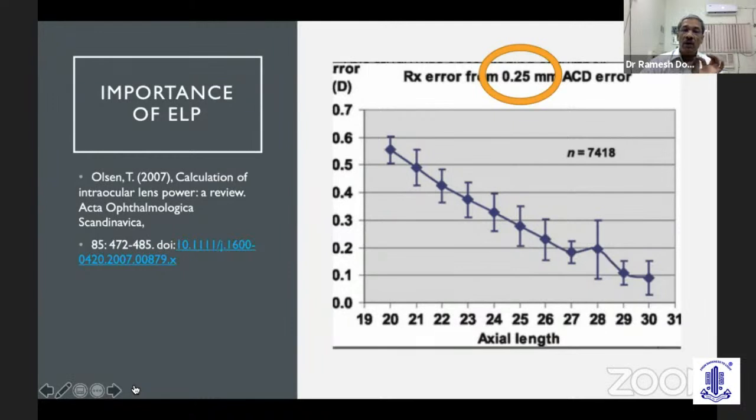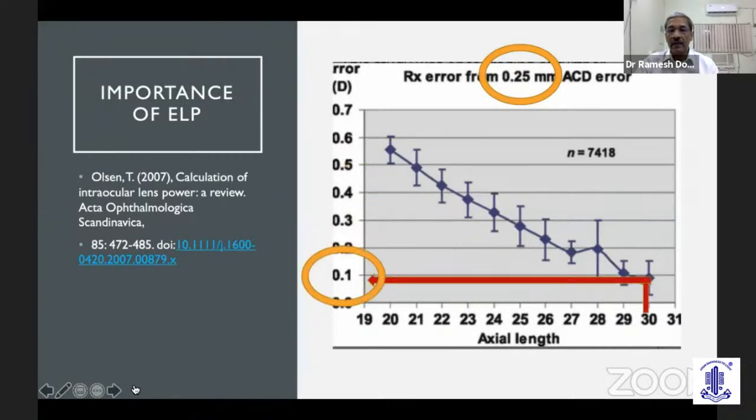Look at this 0.25 millimeter movement of a lens inside the eye. This is half the thickness of the cornea. If the intraocular lens moves 0.25 millimeters in an average eye of around 22 mm in length, we can get a post-op error of up to 0.4 diopters.